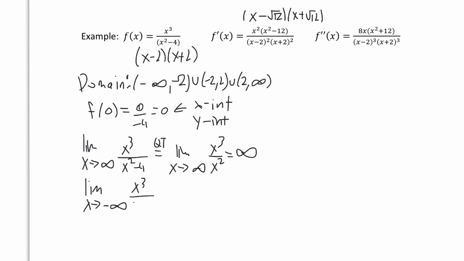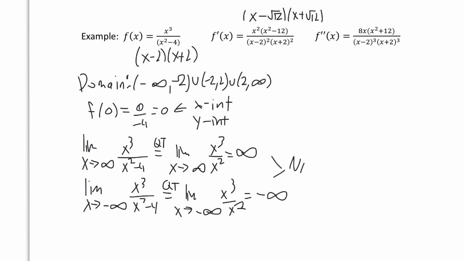Apply the quotient theorem, the limit as x approaches negative infinity of x cubed over x squared, and that will give us negative infinity. So this means we have no horizontal asymptote, because we're not getting a number, we're getting infinity.